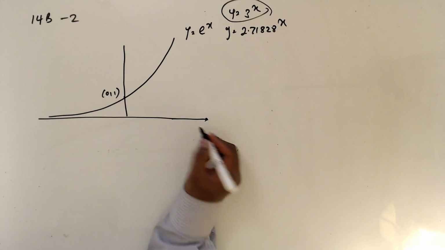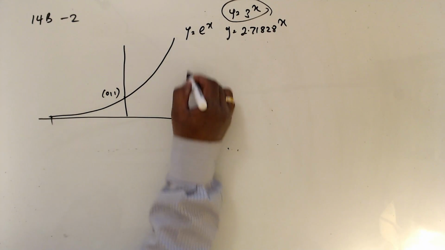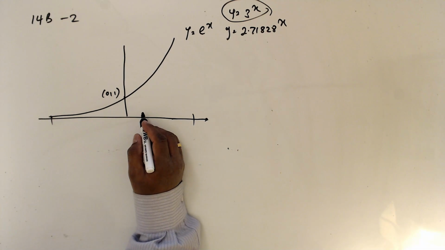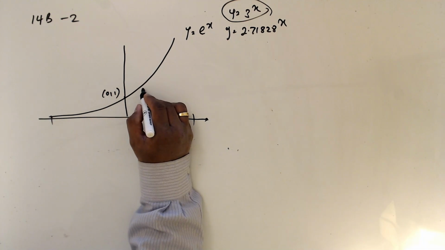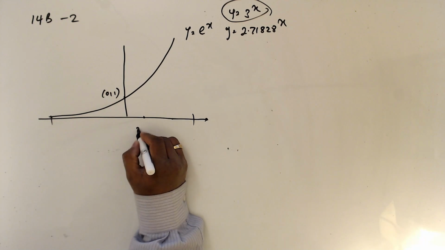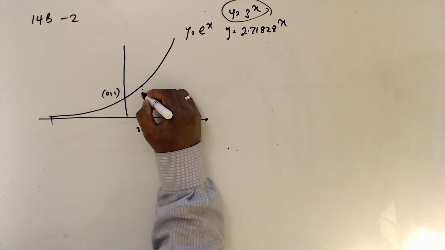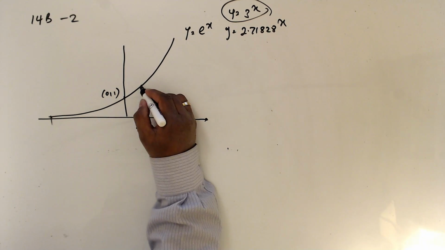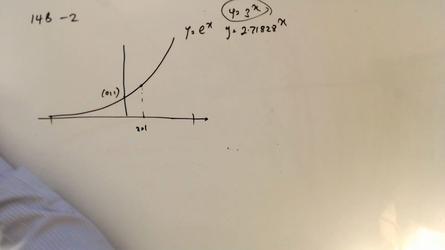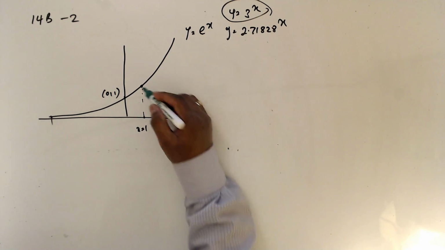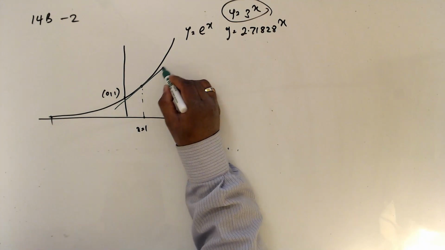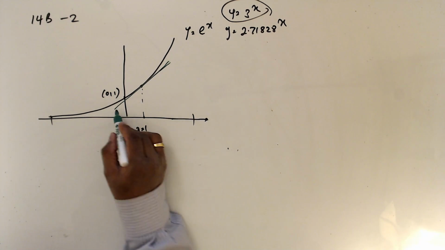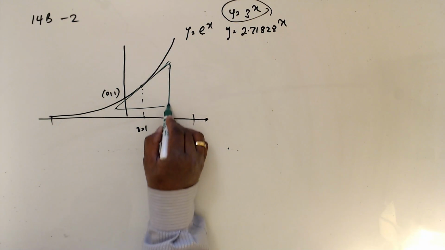Now we draw minus 4 to plus 4, and then part B, drawing tangent lines, estimate the gradient when x equals 1. Assume now in your graph this is the point for x equals 1. Then you want to draw a tangent line and then find the gradient.